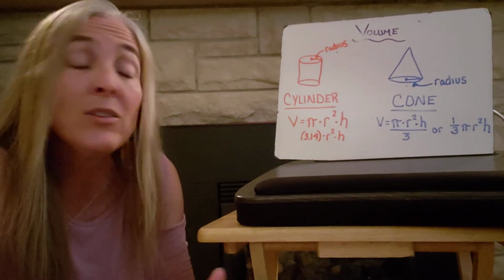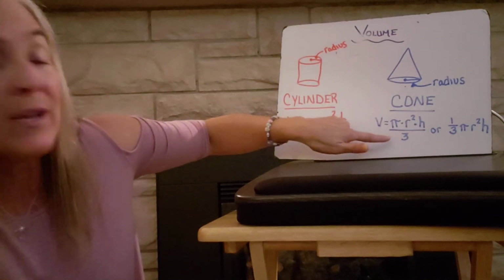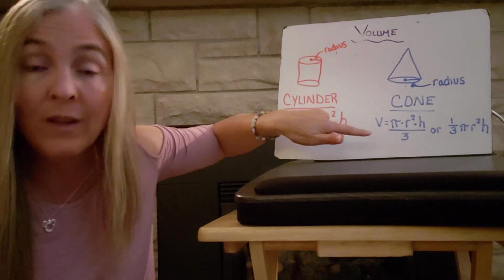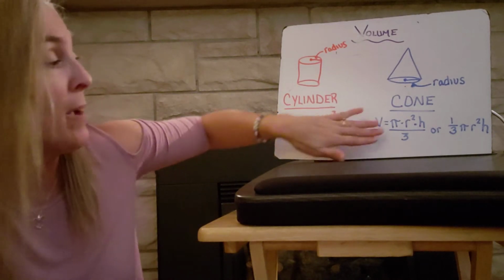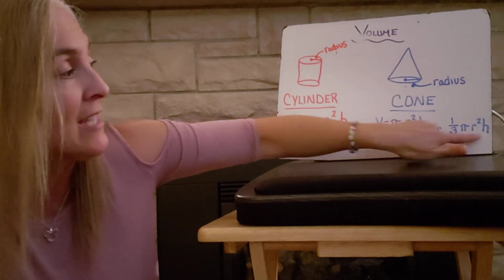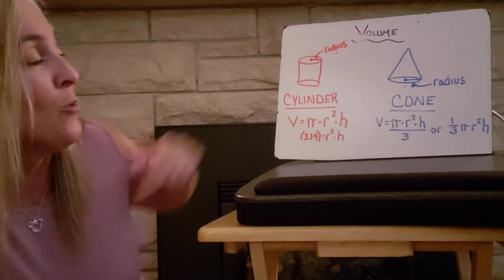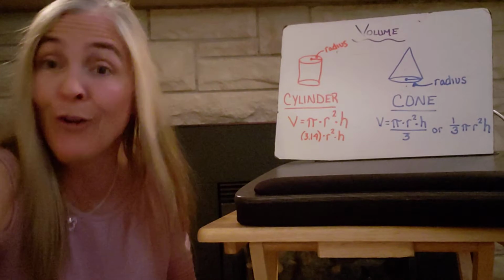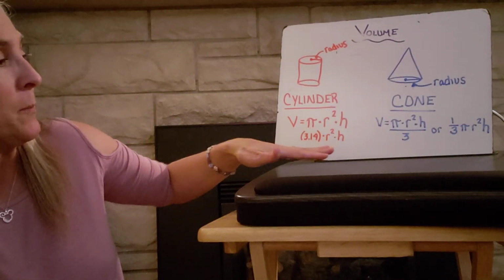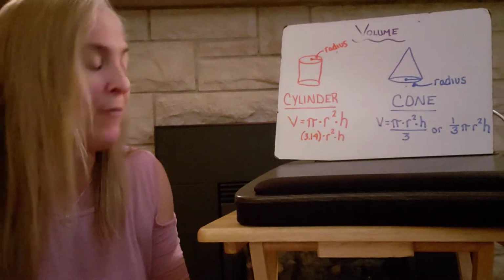Some of you liked, instead of dividing by 3, to multiply by 1/3. That's fine too. I'm just trying to keep it straightforward here. I do have that second formula. That is what you would have seen on your iLearn test if you had to take that this year. But I will use this first format.